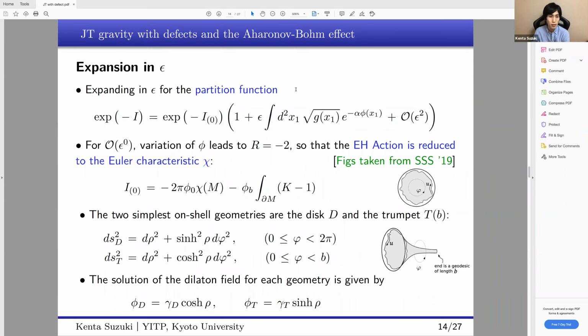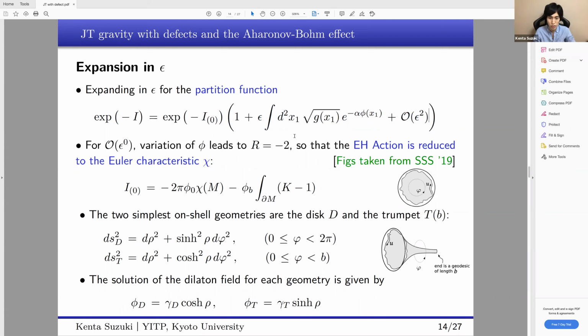And the epsilon appearing in the potential term gives this expansion in the integrand, not the path integral. As we said before, the zeroth order in epsilon corresponds to the original JT gravity action.